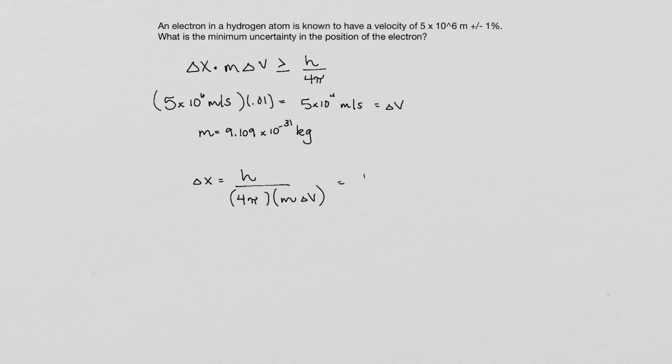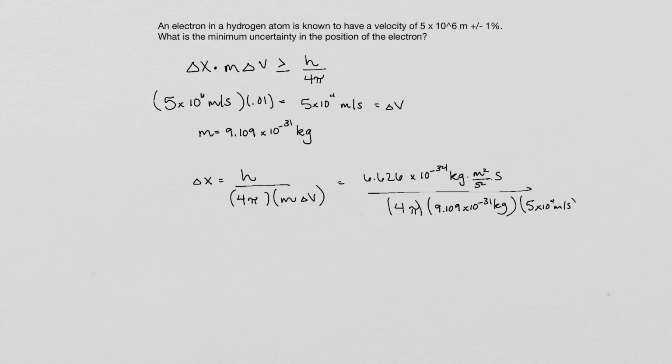And we can go ahead and fill this in with our values, remembering always to do our units. And we'll cancel them in the same way that we did before.